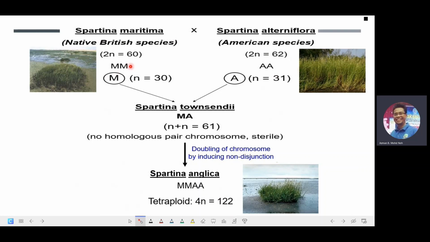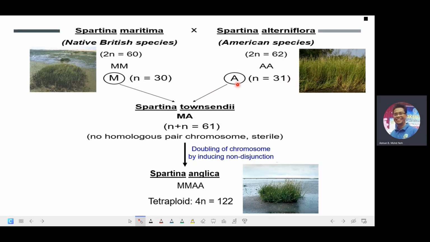And these individuals will be able to produce normal gametes. The Spartina maritima will produce normal gametes with 30 chromosomes. Meanwhile, the Spartina alterniflora will produce normal gametes with 31 chromosomes.